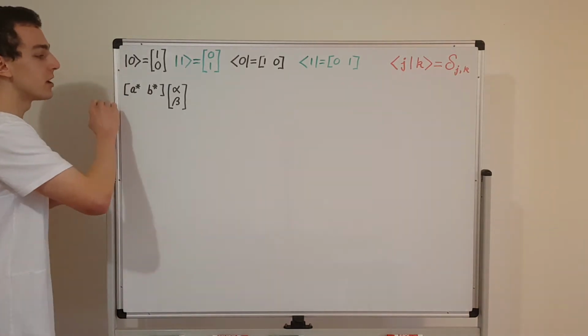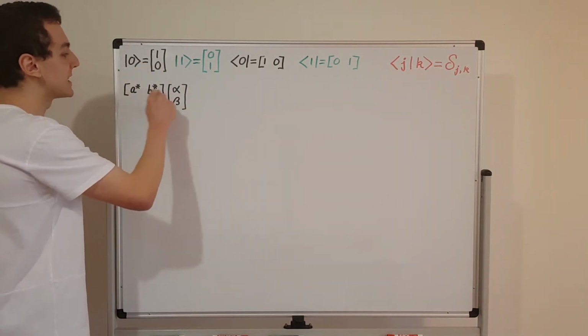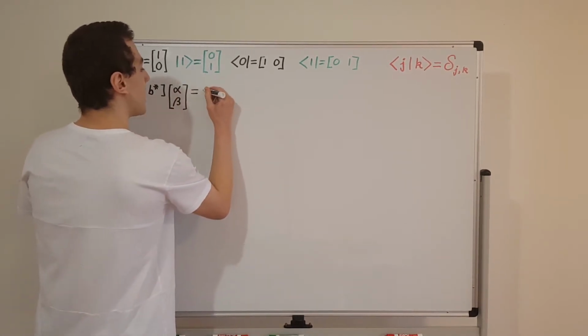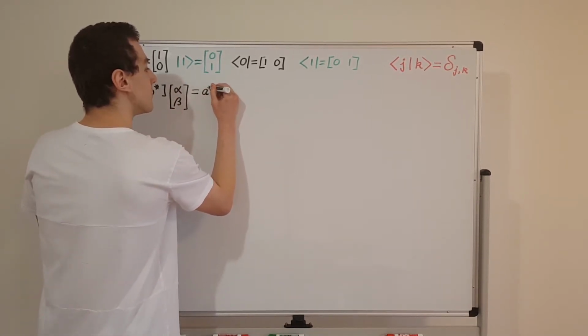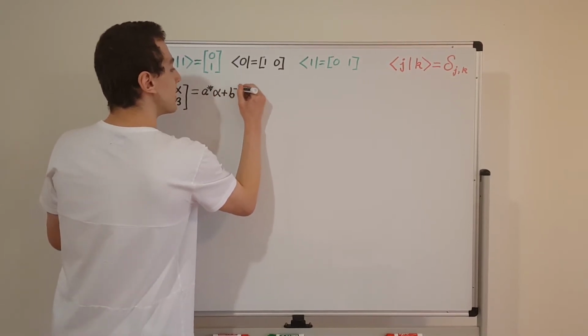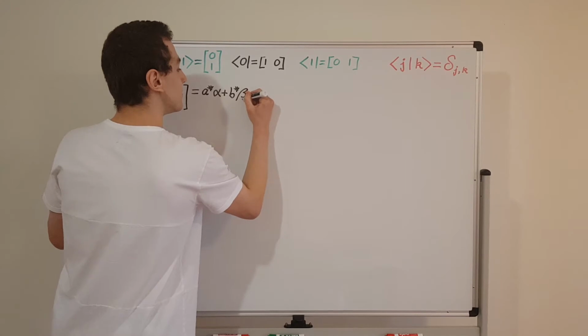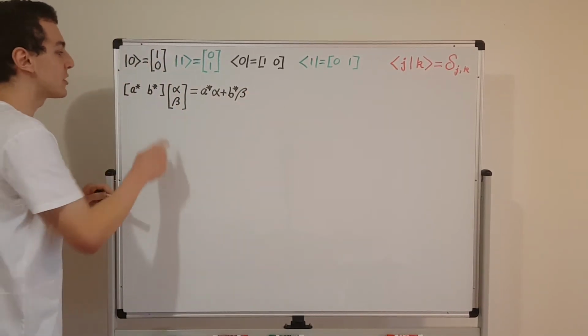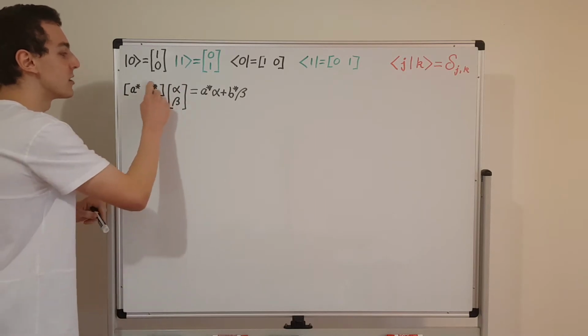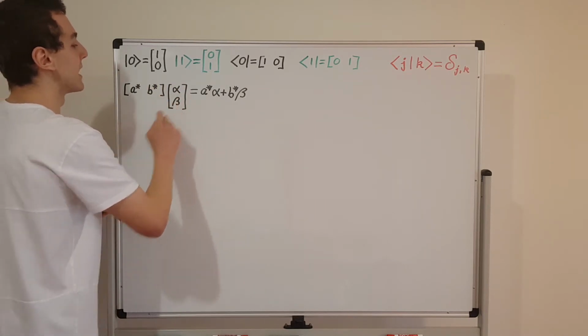So the way we would compute this inner product is by standard matrix multiplication. So that would give us a star alpha plus b star beta. So this is just standard matrix multiplication. We take this element, multiply by this element, and add it to this element multiplied by this element over here.